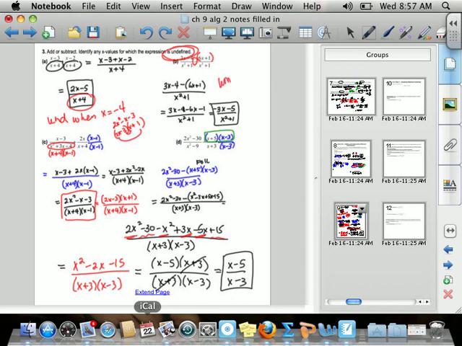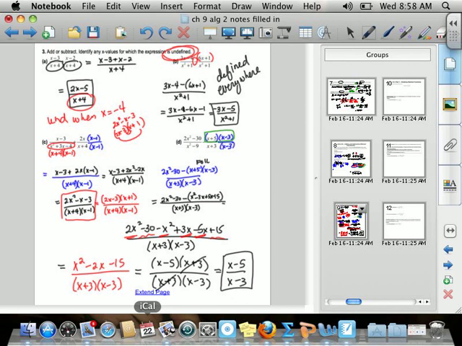B would be undefined nowhere, right? So defined everywhere, I guess we could say. Do you guys see why that one's defined everywhere? Is there ever a place where x squared plus 1 is going to equal 0? No. So write yourself a little note and say x squared plus 1 doesn't ever equal 0. Except for i's, but we don't talk about i's.